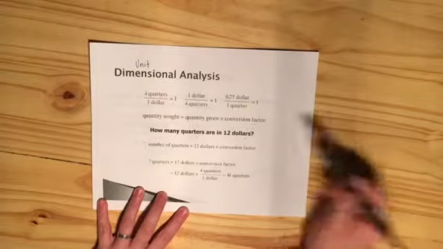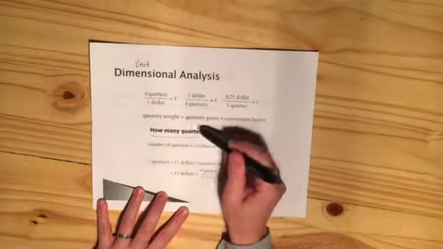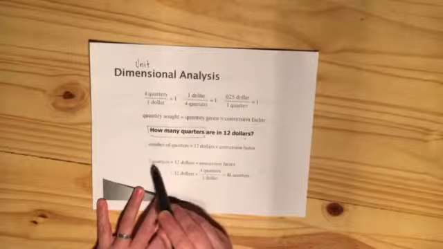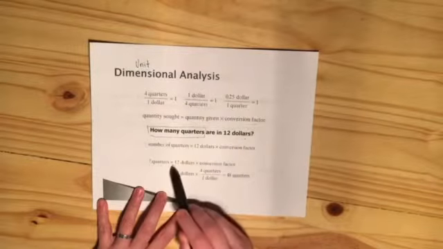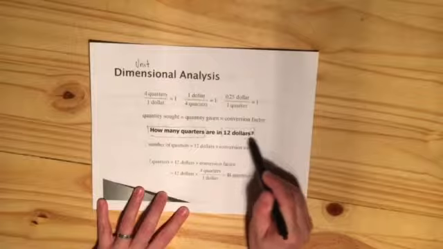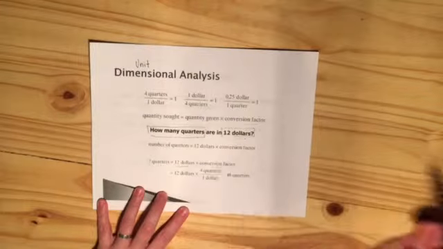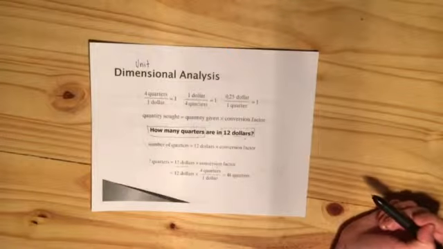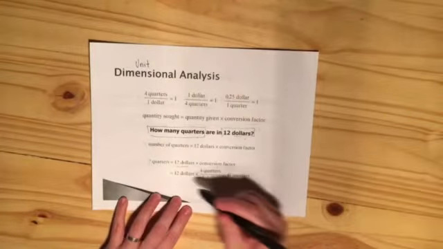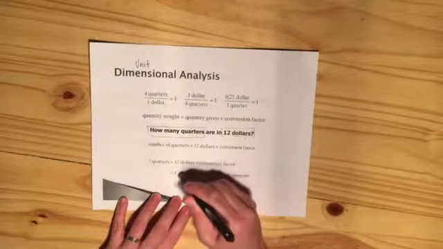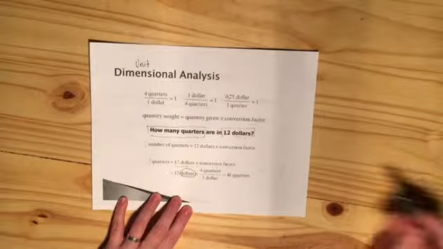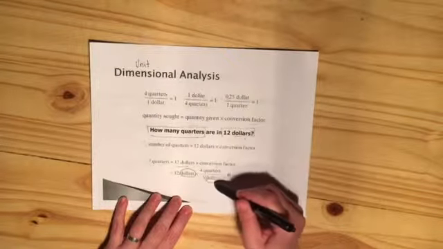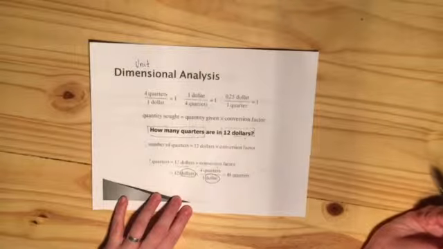And so the way I'd set this up is I'd say how many quarters, I use a question mark, quarters, is equal to $12. Then I want to multiply by a conversion factor that will get us from one unit to the next. And the way that I do this is that whatever I'm starting out with, I try to cancel that out by putting that unit on the bottom of the conversion factor.